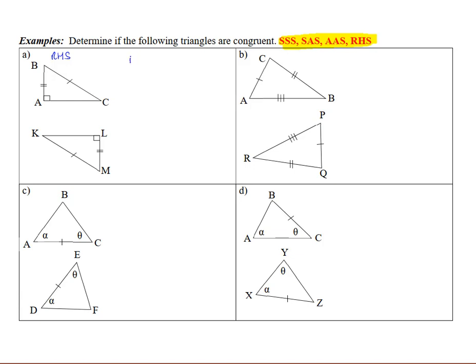I might move that over a bit so I don't run out of room. BC equals KM, and they're the hypotenuse. I know that AB equals LM, and I know that angle BAC equals angle MLK, which are 90 degrees. And AB and LM are corresponding, so they're in the same position on the two triangles.